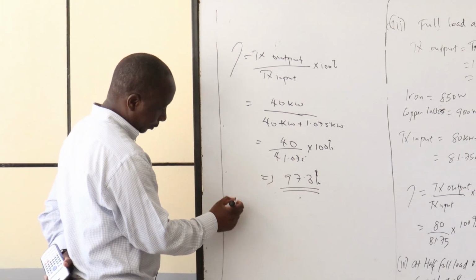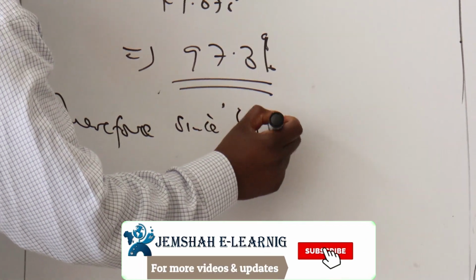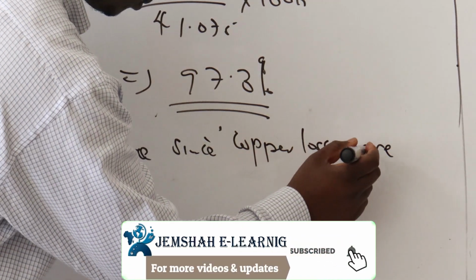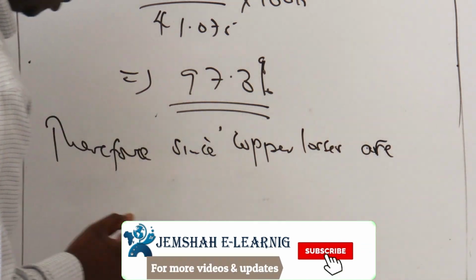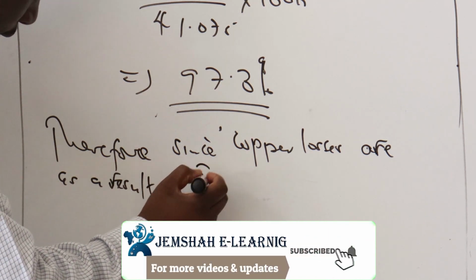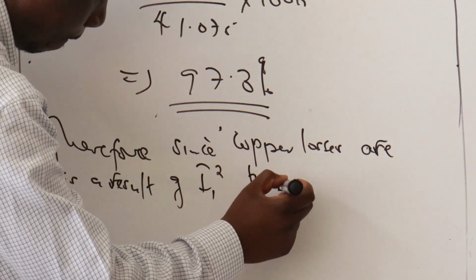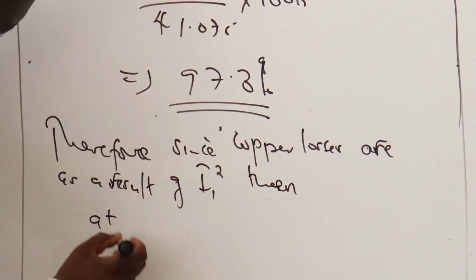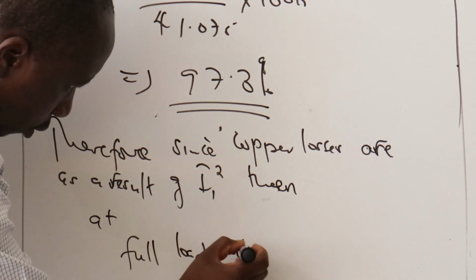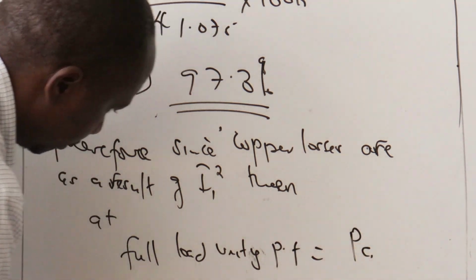So we can now conclude that since copper losses are a result of I squared, I squared referring to the current, then at full load unity power factor, you'll have copper losses as PC.